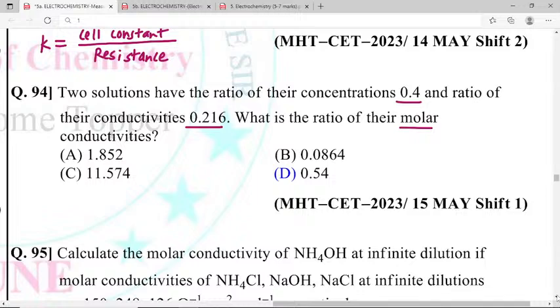So lambda 1 divided by lambda 2, the ratio of their molar conductivities, is equal to 1000 K by C, so this is C2 divided by C1, multiplied by K1 divided by K2.